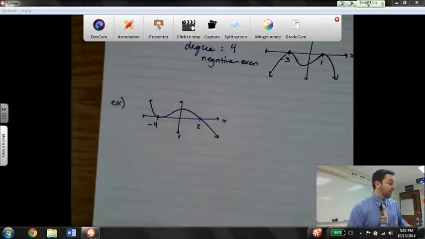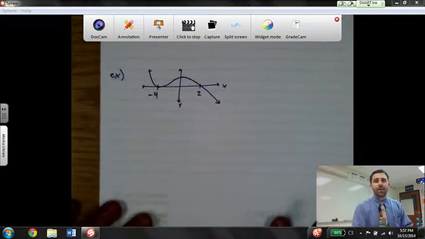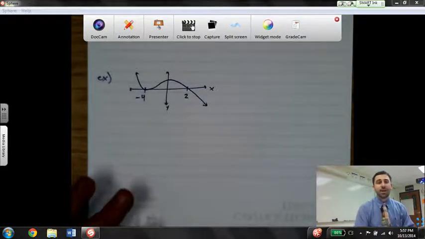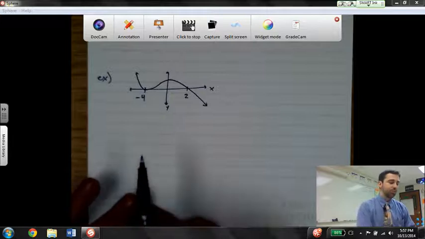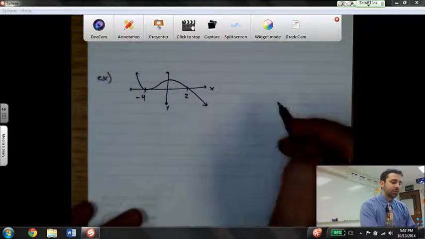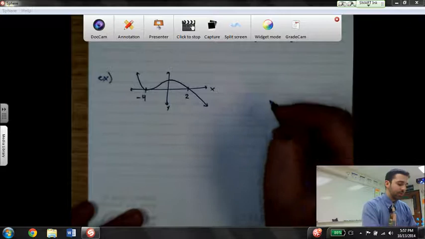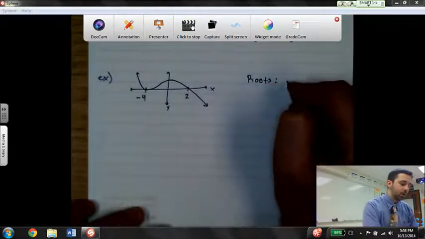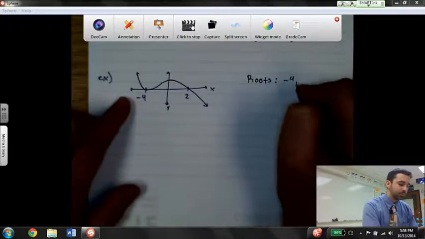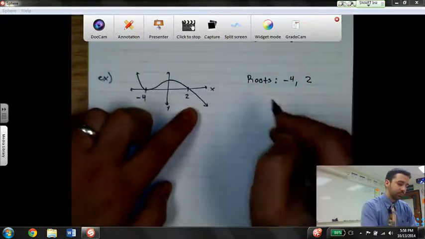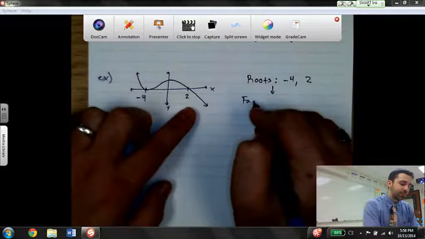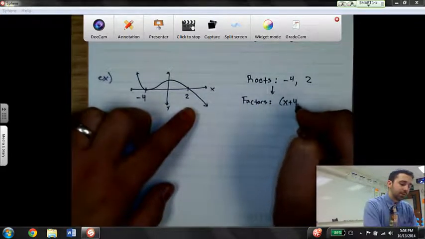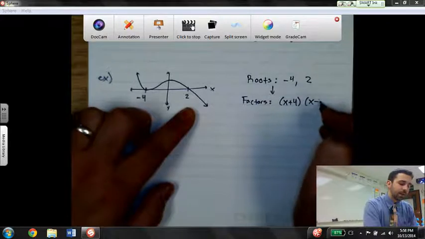The final example is where we're given a graph of a function and we have to determine the factored equation. So notice here, the first thing I notice are that my roots are negative 4 and 2, which translates to factors of x plus 4 and x minus 2.